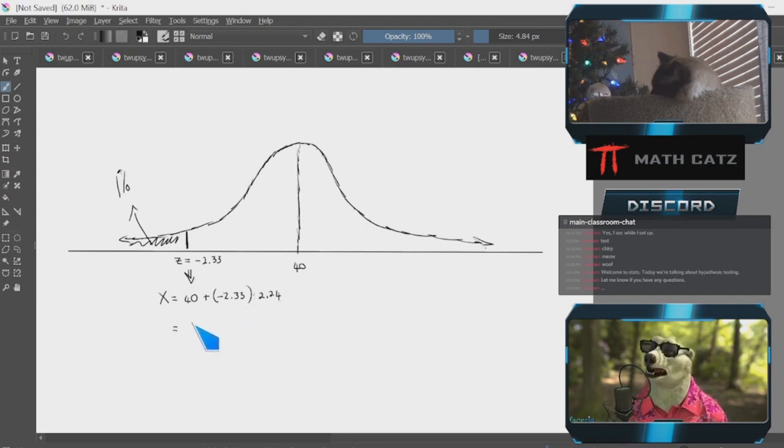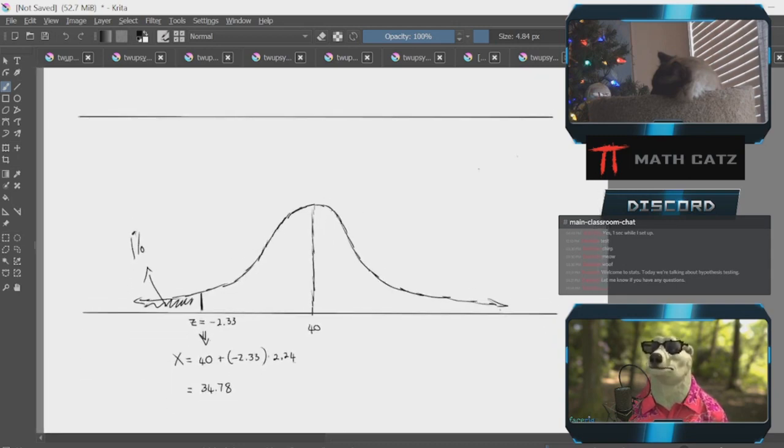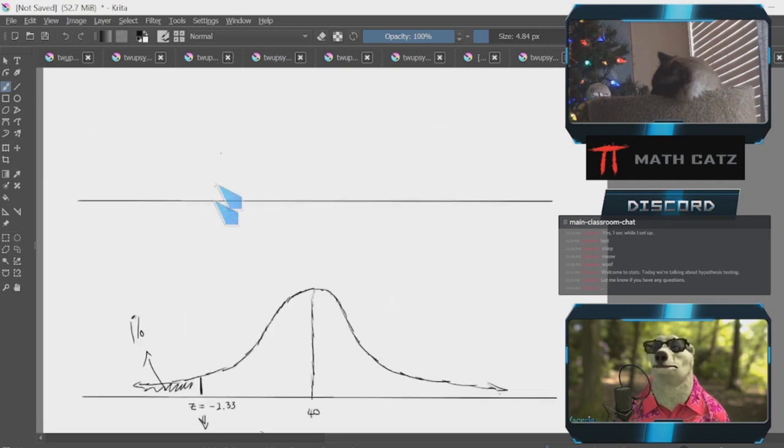Calculate that, and we should get 34.78. Okay, so now let's see. Well, it's close, but our predicted new mean is over here at 34.